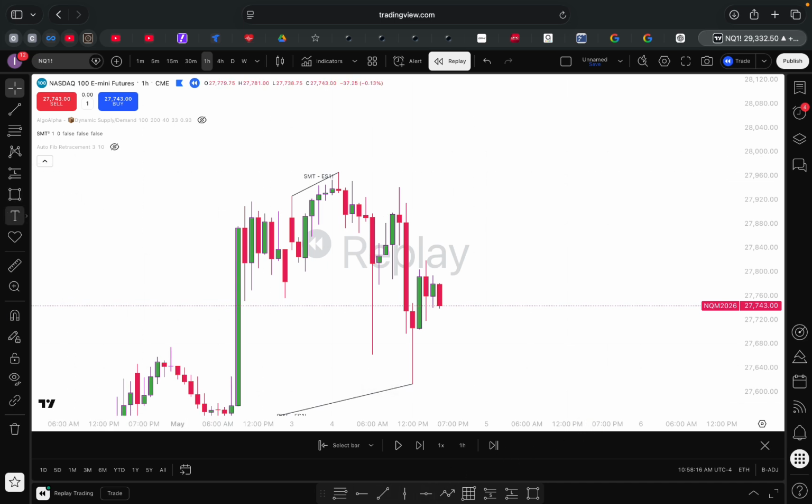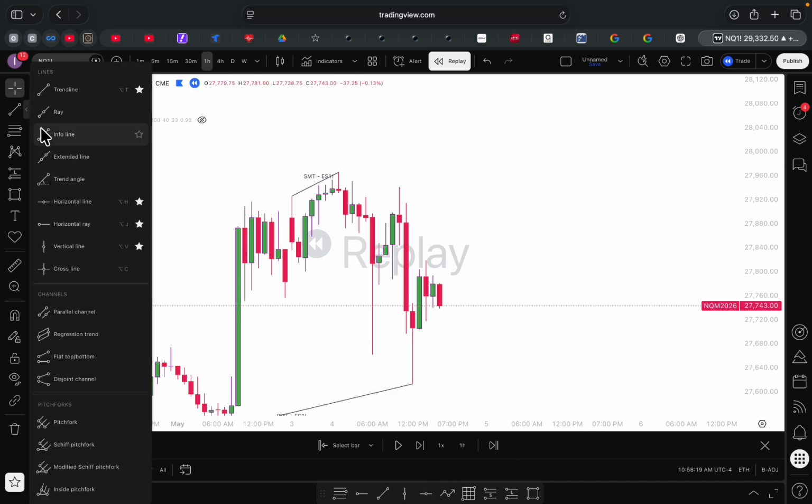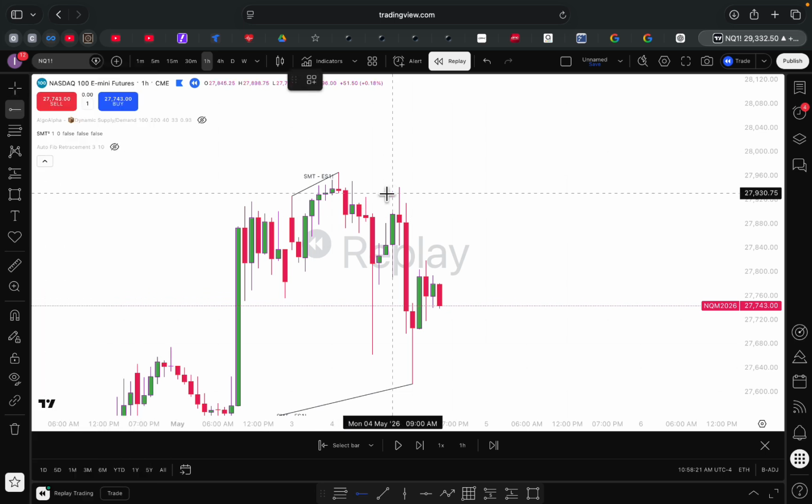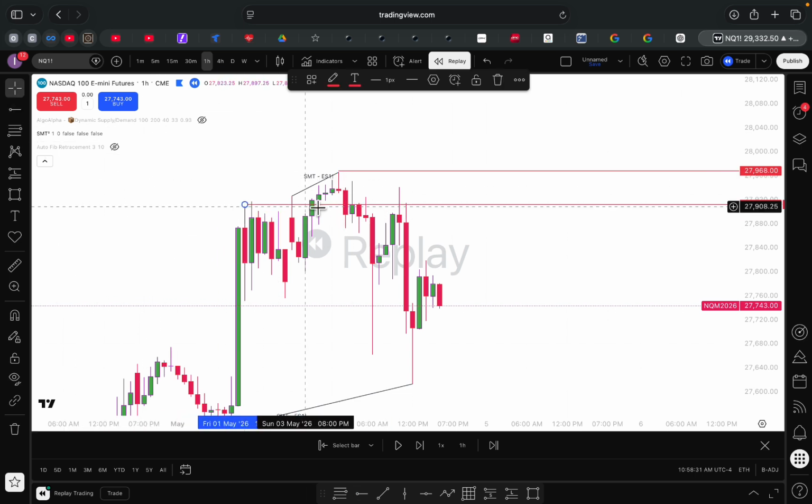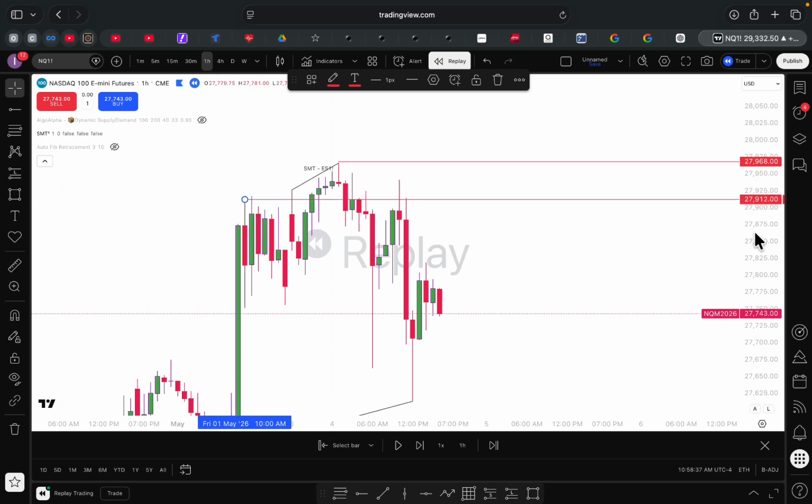Before that, I saw we had this area right here where price rejected before, which was 12 o'clock that morning. And at this area right here, we had rejection as well, all on the 1 hour time frame.